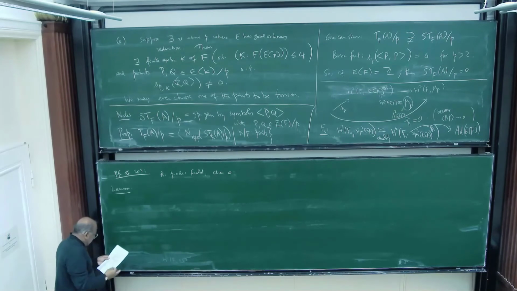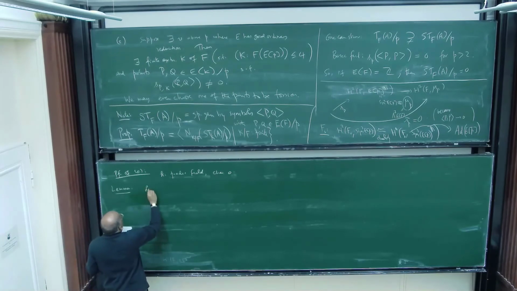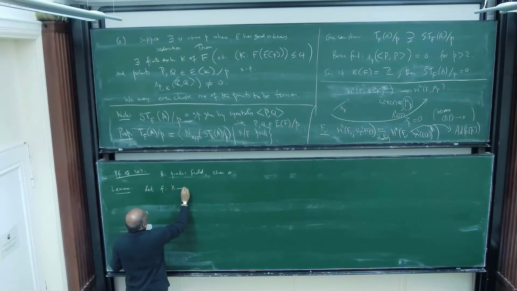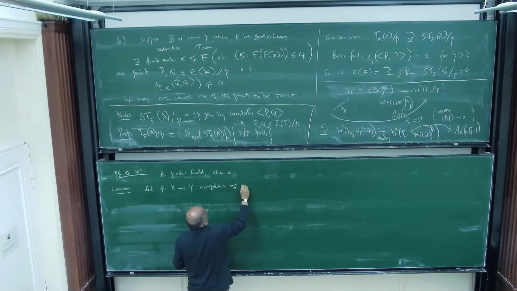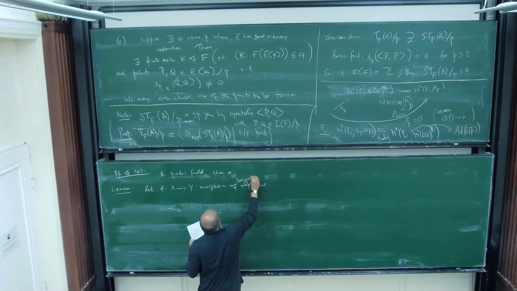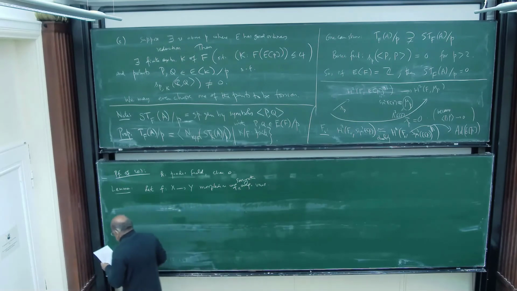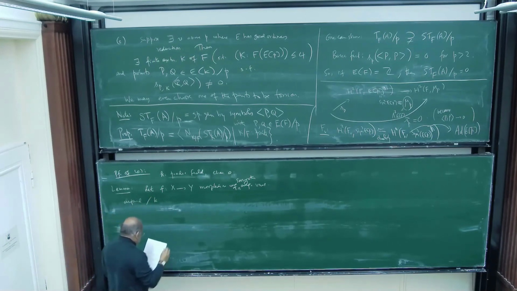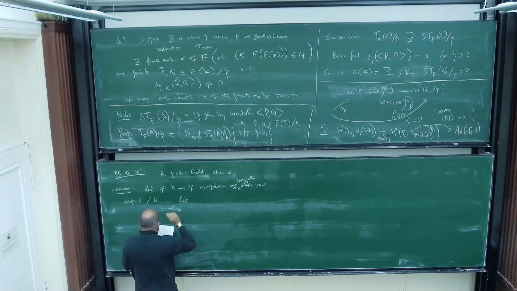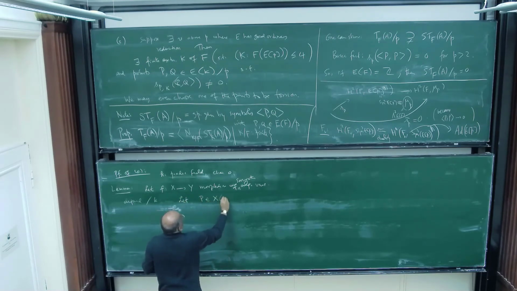The lemma is: let f be a morphism of smooth algebraic varieties, everything defined over K, and let P be in X(K).